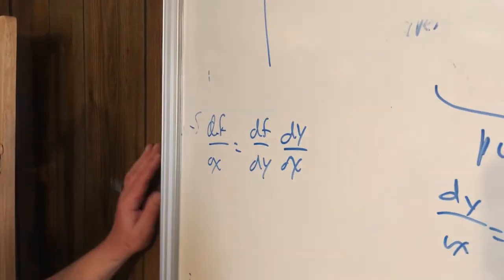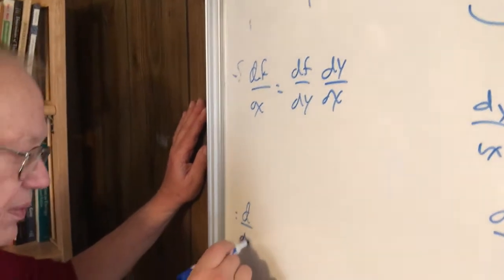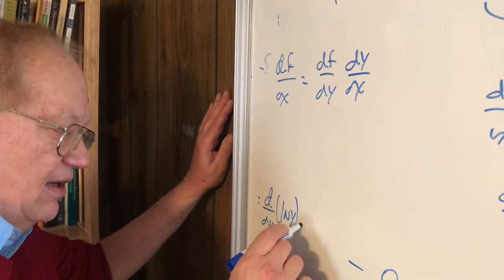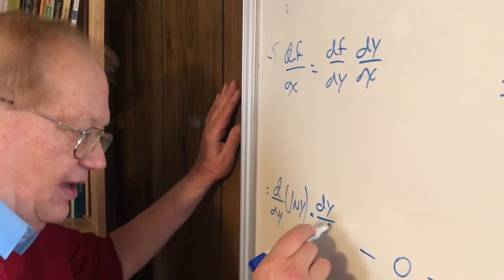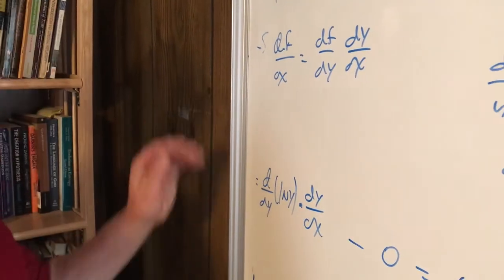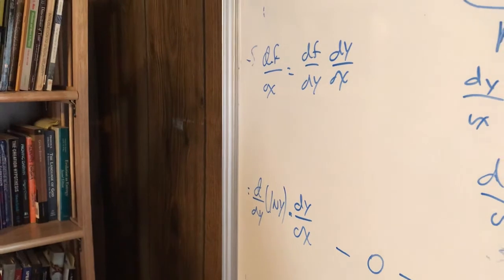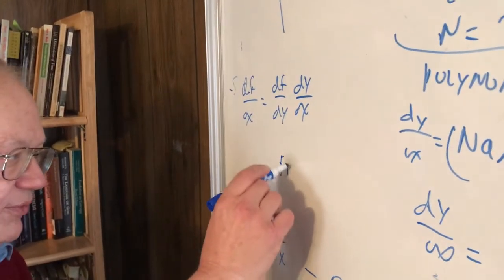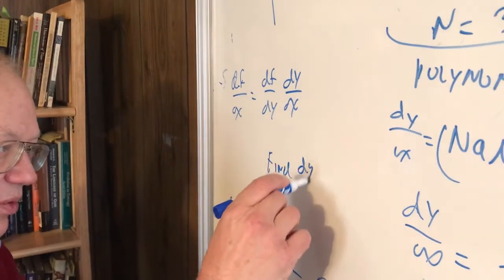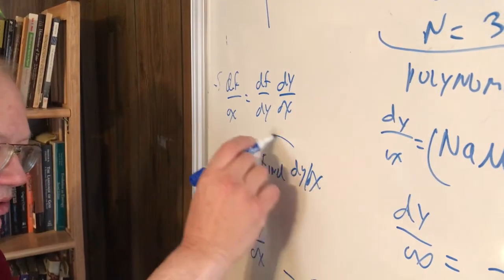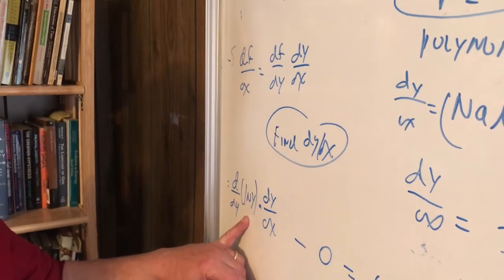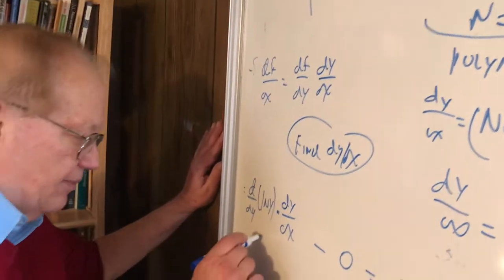That gives me the derivative with respect to y of the natural log of y tacked on to dy dx as an appendage. That's what I want to find. My whole thing here is to find dy dx. Remember, the problem is to find dy dx. What's the derivative of the log of y? Well, if you look at the rule, it's 1 over y.